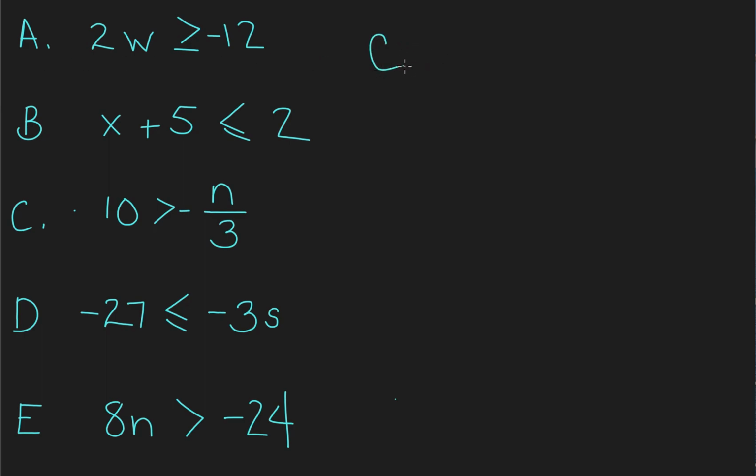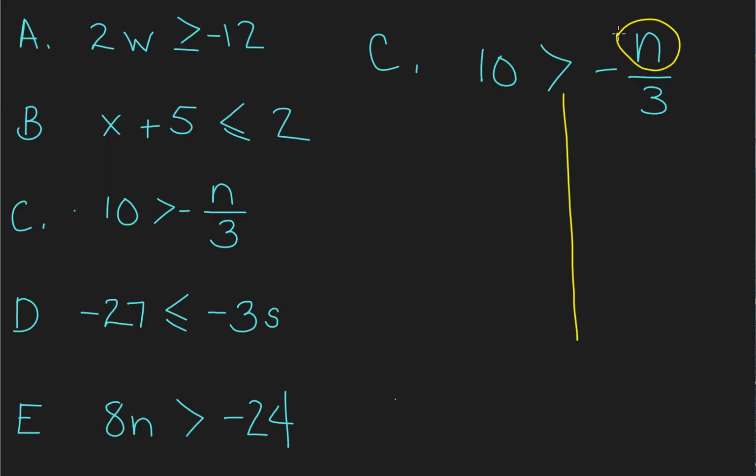C, we have 10 is greater than negative n over 3. So we break our problem in two parts. Remember, our goal is to get that n by itself. So this is a fraction. We can multiply by the denominator. We can also look at this: this is a divide by negative 3.